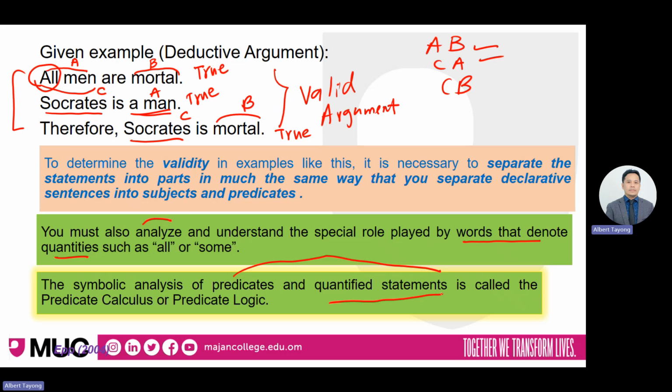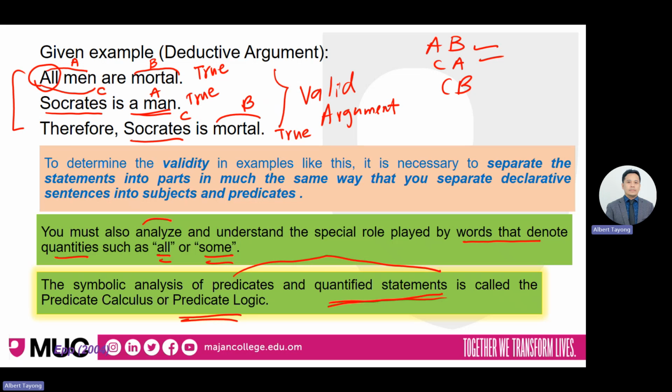When I say quantified statements, these statements use quantifiers like all and some. I'm going to have several examples of this in our next discussion. The symbolic analysis of predicates and quantified statements is called predicate calculus or predicate logic.